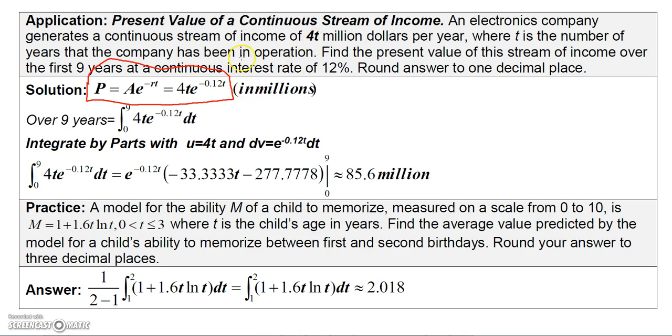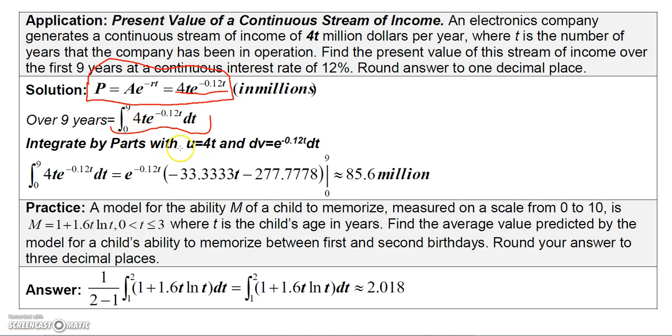So that would be 4t in millions. So let's just put 4t in there. And then we get e to the negative 0.12t here, because the rate is 12%, so in decimals 0.12t. And then over 9 years, so basically I want to sum that over 9 years, so I want to integrate that function from 0 to 9.